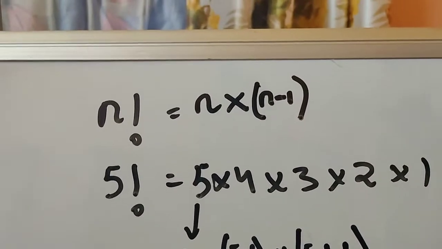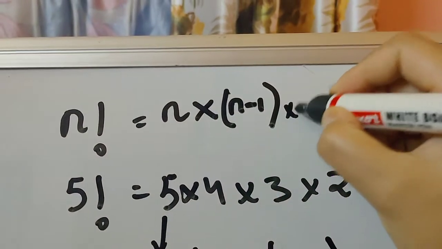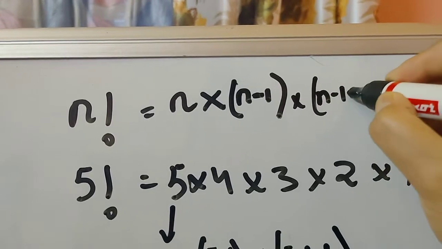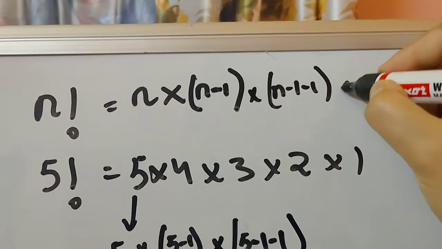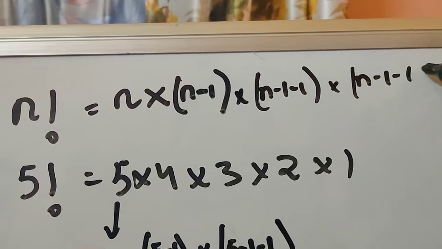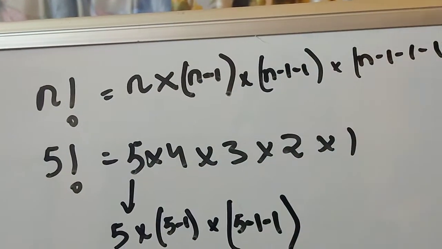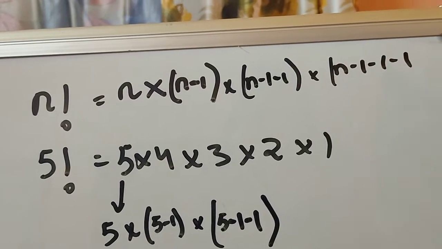So every time it is 1 less, and the next will be n minus 1 minus 1, again the next will be n minus 1 minus 1 minus 1. Whatever the previous term, the next term will be 1 less, like that.